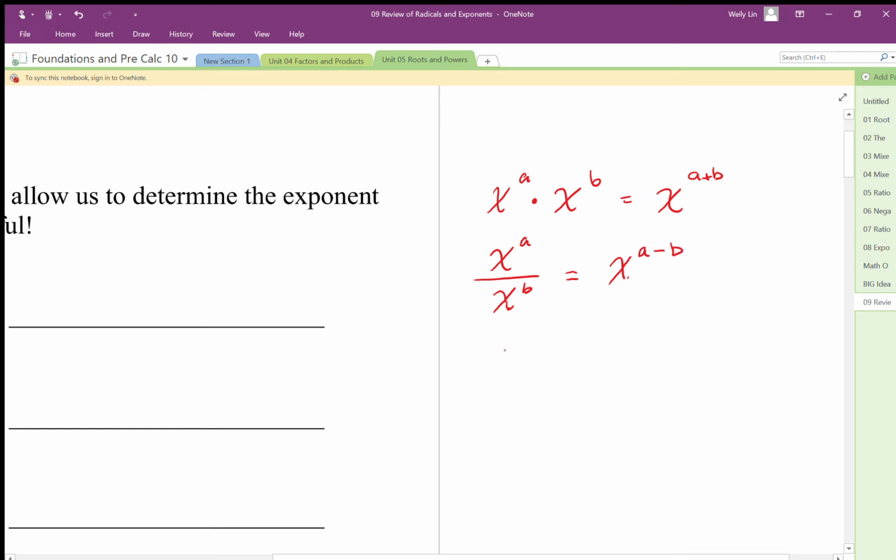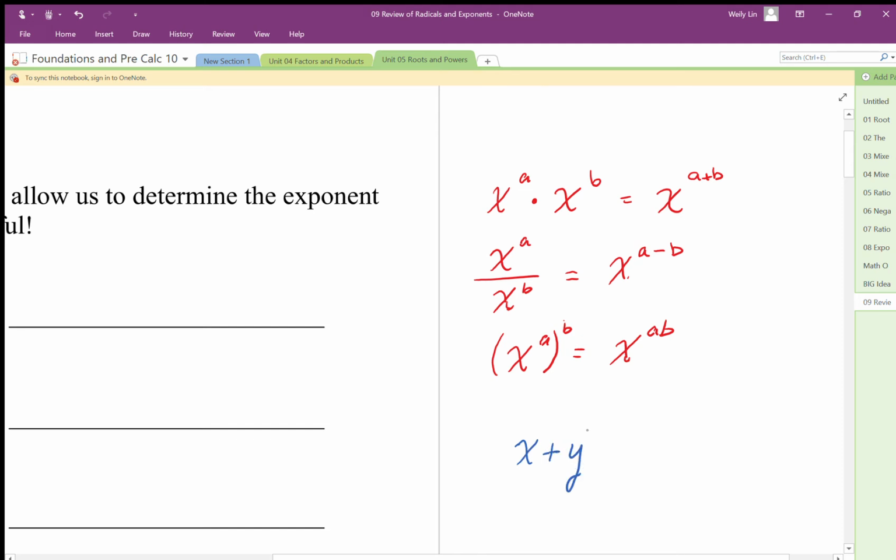And the other rule is that if we have power to power, we are able to count in groups, so we multiply those exponents. And I mentioned before that exponents and add and subtract do not mix.